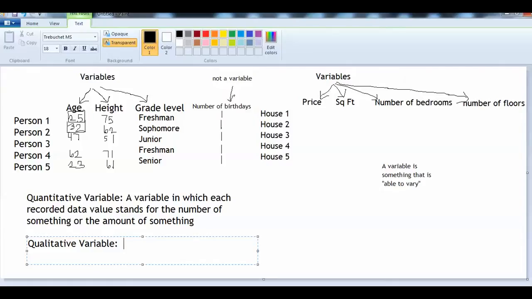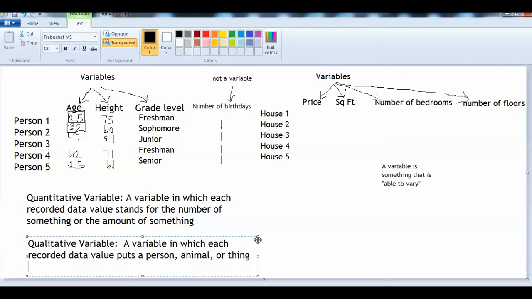Or sometimes it's also called a categorical variable, which is a variable in which each recorded data value puts a person, animal, or thing into a certain category.